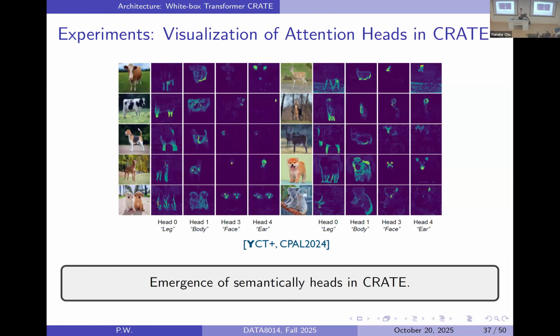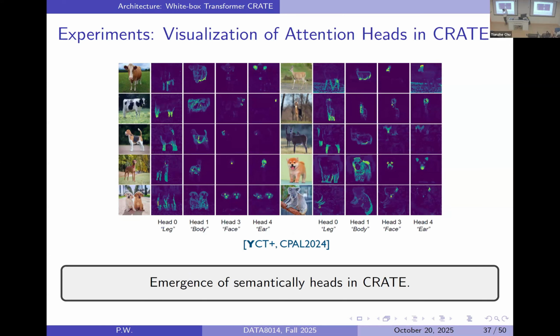And the next is a further experiment on the emergence of semantic attention heads in CRATE. You can see here, on different animals, the attention scores of the different heads correspond to different semantics.